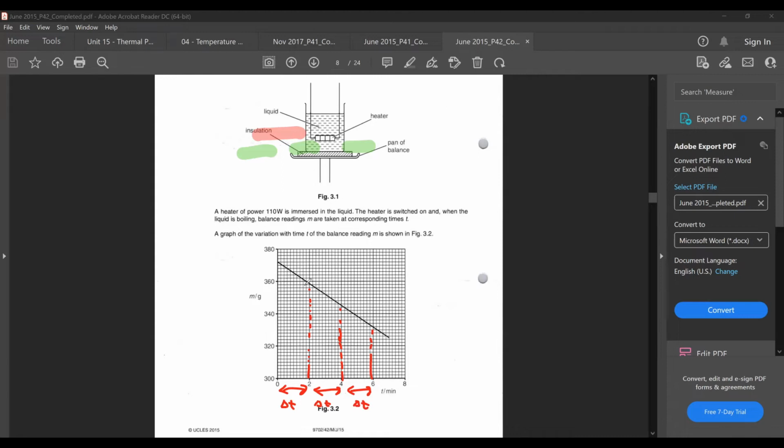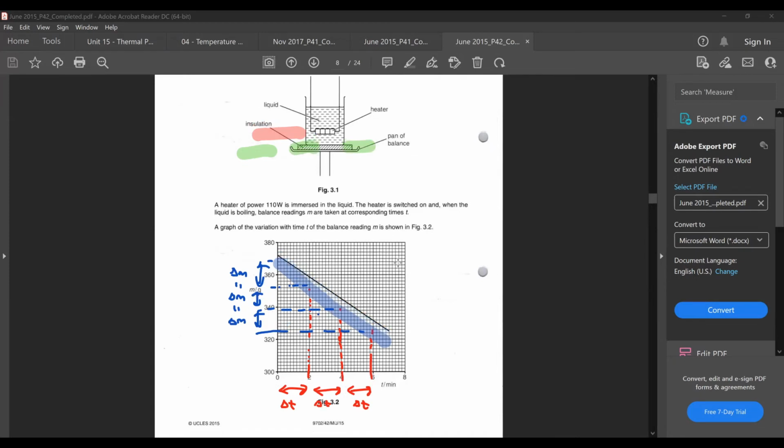The mass of water or liquid that has boiled off will be given by this. This one will be your delta m. This one will always be the same with each other because your graph is a straight line. That's why here we can say you've reached a constant boiling rate.